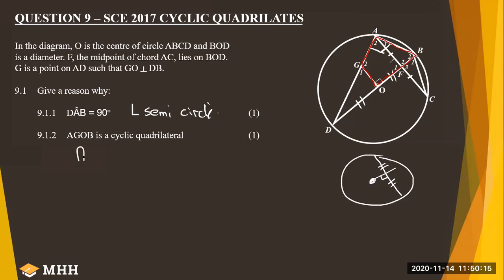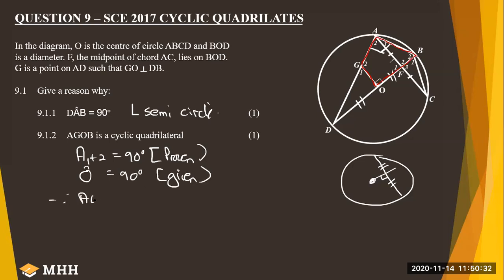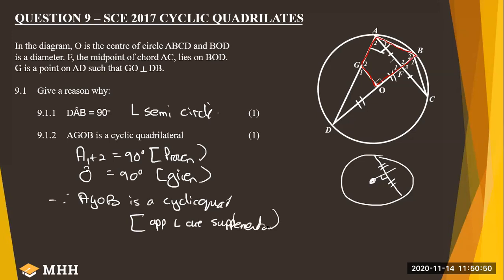I can just say angle A1 plus 2 is equal to 90 degrees. You can either just say proven or angle in a semicircle. Angle O is 90 degrees, that's given. Therefore, AGOB is a cyclic quad. Opposite angles are supplementary. Right?